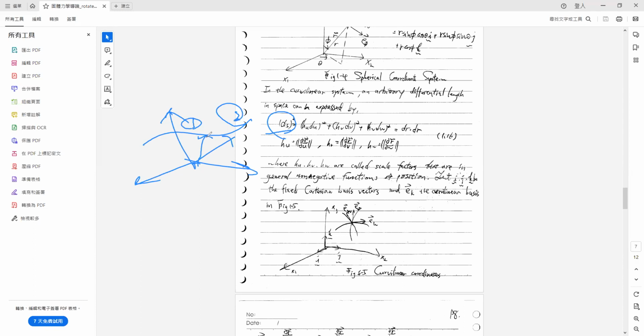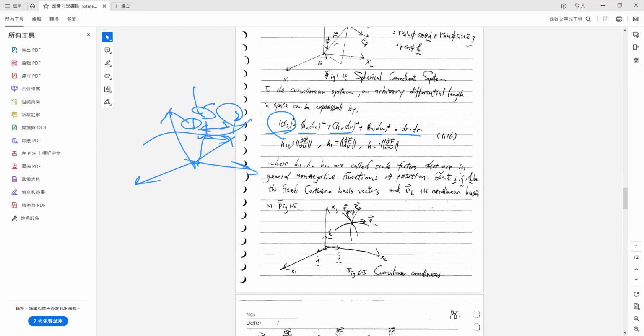When the difference is very small, we can describe the differential distance as ds. The square of ds equals hu du squared plus hv dv squared plus hw dw squared. It equals dr dot dr.